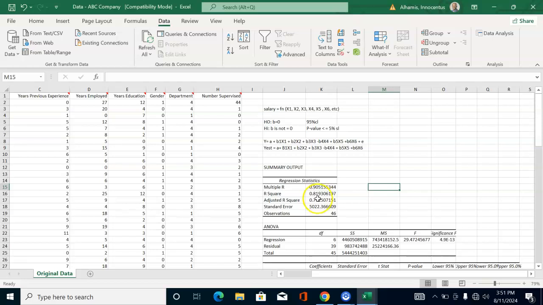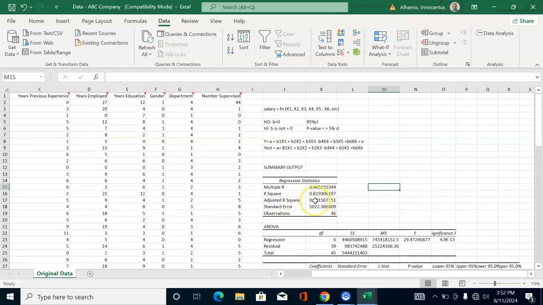R squared is 0.8, and adjusted R squared is almost 0.8 as well. So that means the correlation is good, and the coefficient of determination shows that this estimation could estimate the actual Y by 80% if we go with the adjusted R squared.